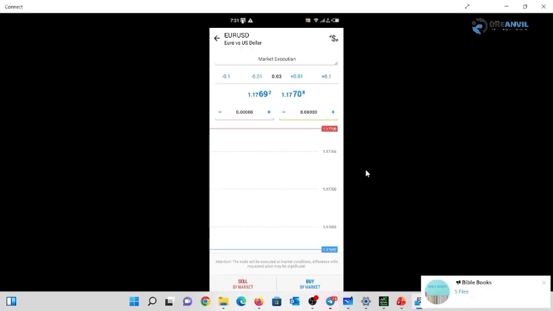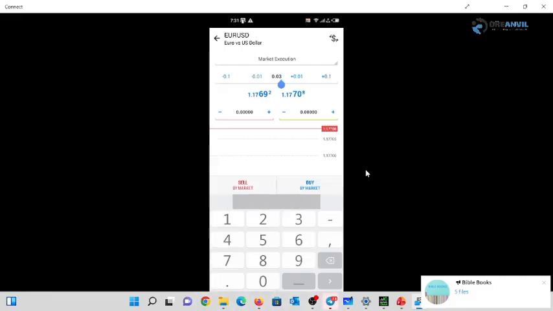There's one important thing before you start clicking buy or sell. You need to look at this place, which is what we call lot size, or volume. If you want to trade with the financial markets, you should know the amount you want to participate with. For a starter, we use 0.01.